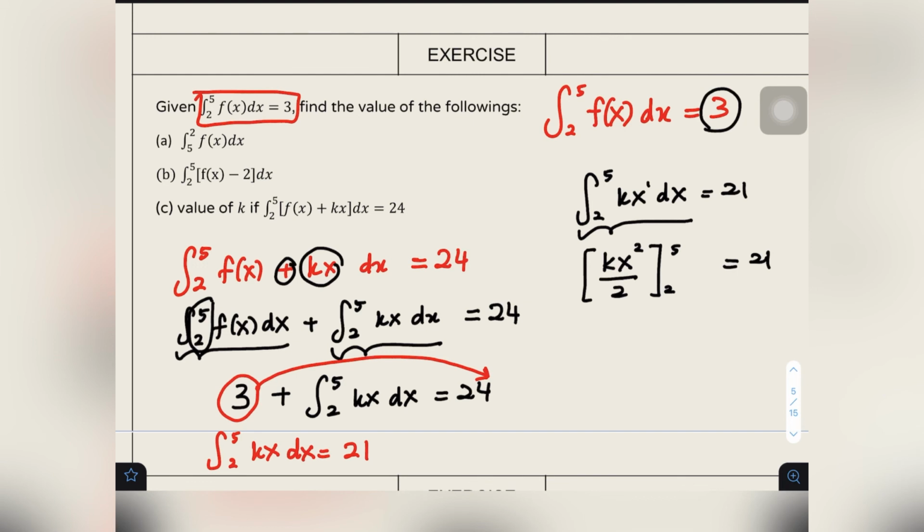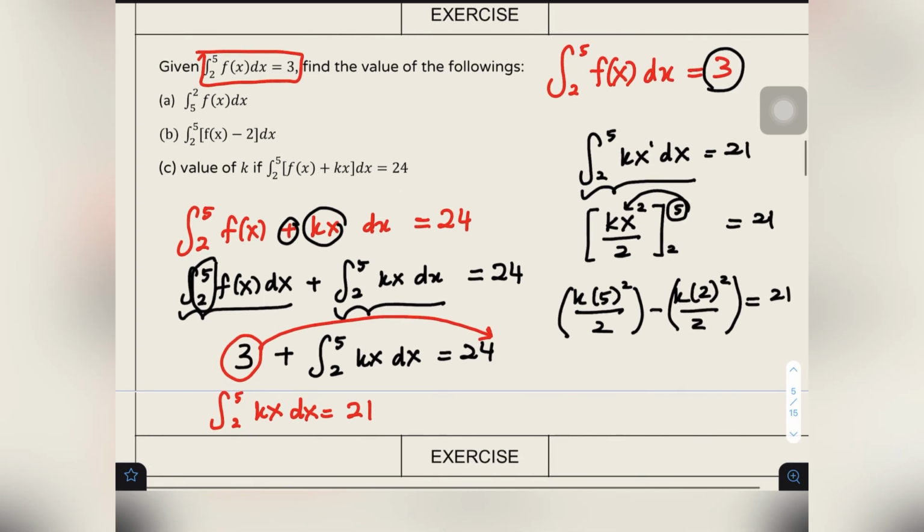How to solve? We know that we need to substitute the upper value first. Okay, so it becomes k times 5 to the power of 2 divided by 2 minus k times 2 to the power of 2 divided by 2. Okay, so here you have 21.